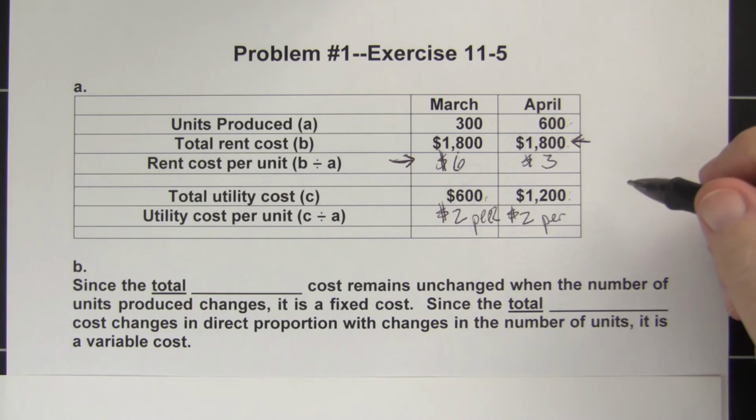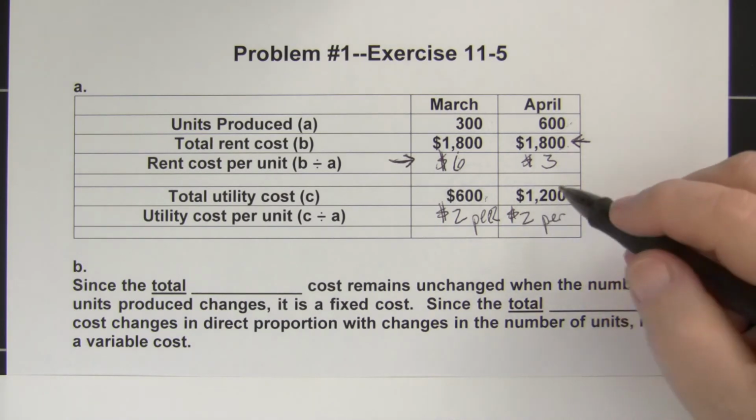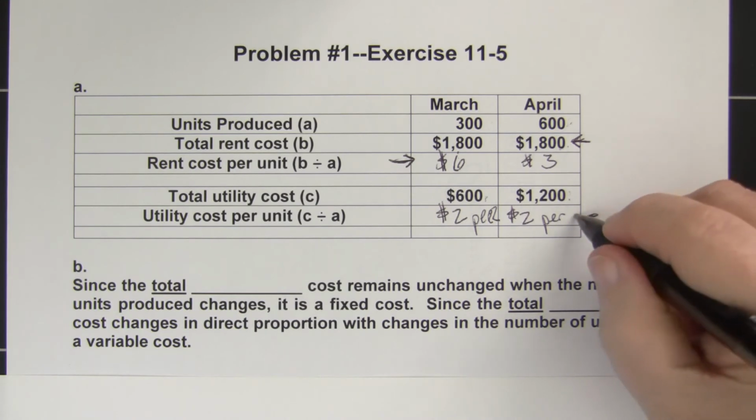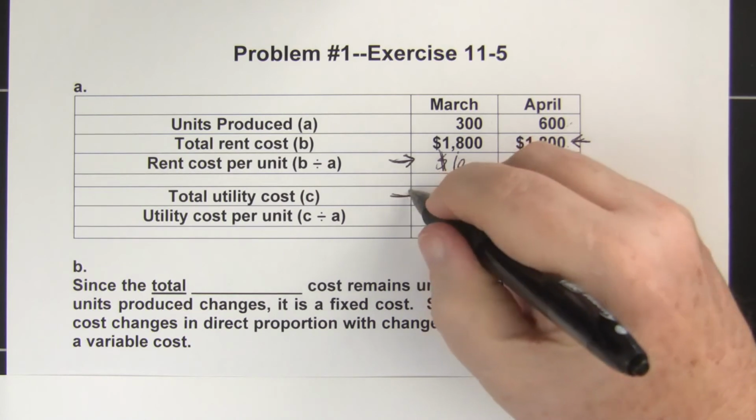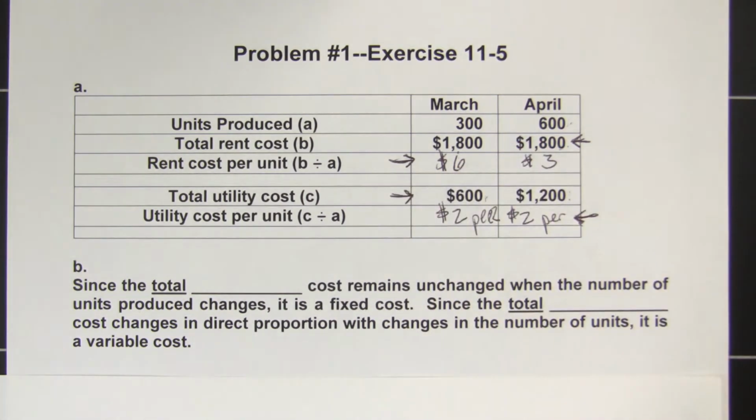So again, let's take a look at the definition. A variable cost stays fixed at the unit level and varies in total.